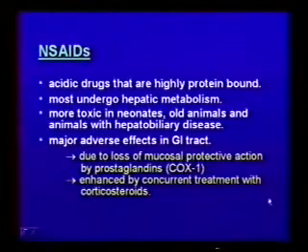They're highly protein-bound, so that's a form of interaction they can have with other types of drugs through the displacement of protein-bound drug. Most of them are hepatically metabolized as a class. They're more toxic in old and young animals, so when administering these agents, you must do so at reduced dosages generally in those patients.